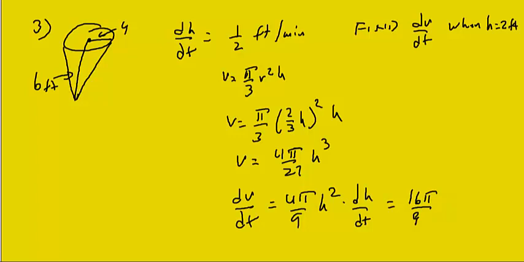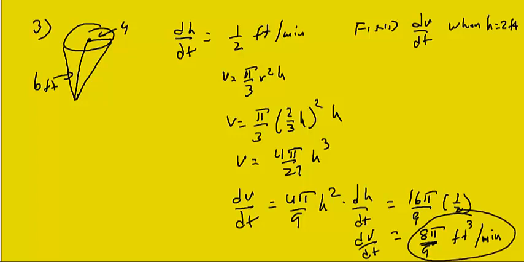Now, what's my dH/dt? 1/2. Alright, that reduces now to 8π/9. And what are my units on this one? Feet cubed per minute. This is volume.